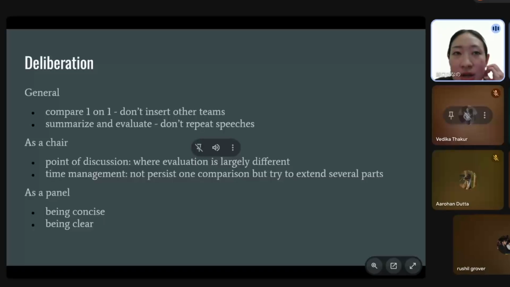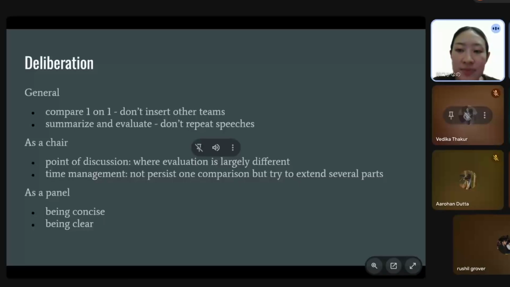But you cannot infinitely discuss and infinitely deliberate. So you probably have to give up on the closest comparison. I mean, you have to vote for the closest comparison, and then use more time on where the evaluation is drastically different.